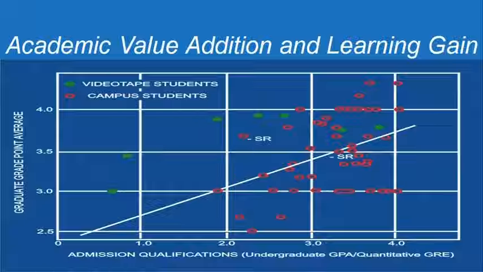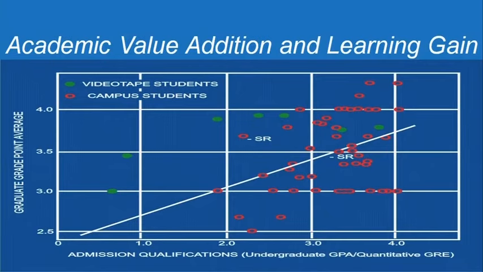The x-axis here is the admission qualification axis, which means if we look at this student here, at the beginning when the admission took place, her GPA was less than 1, about 0.8.